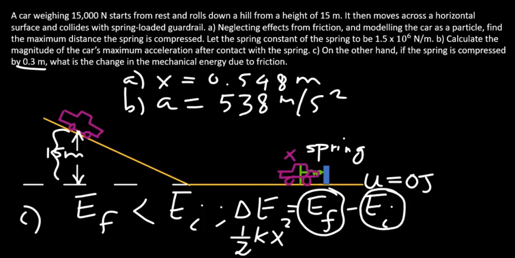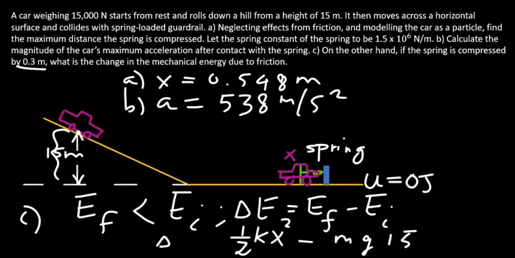And the total mechanical energy at the initial state is in the form of gravitational potential energy, which is mass times gravitational acceleration times that 15 meter elevated height. So this should give you the change in mechanical energy.